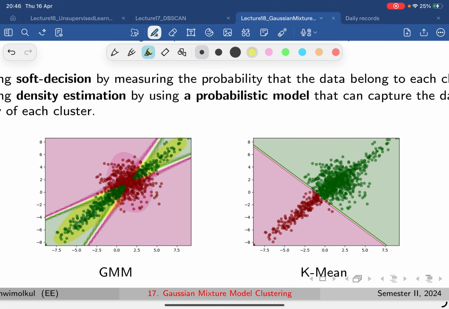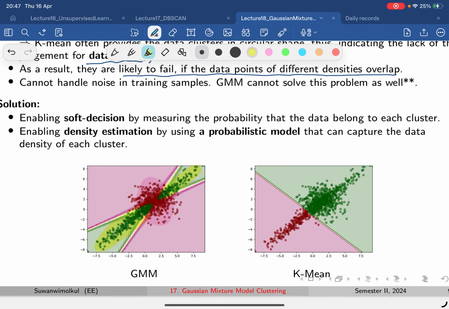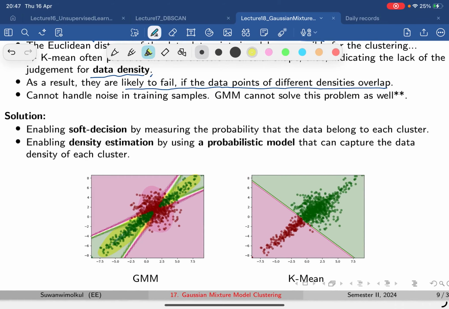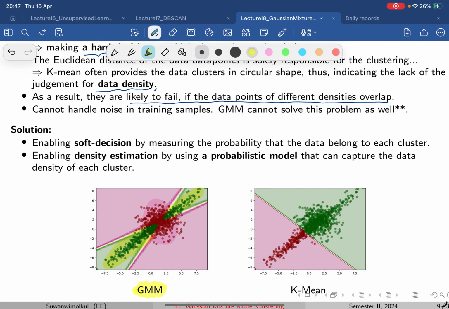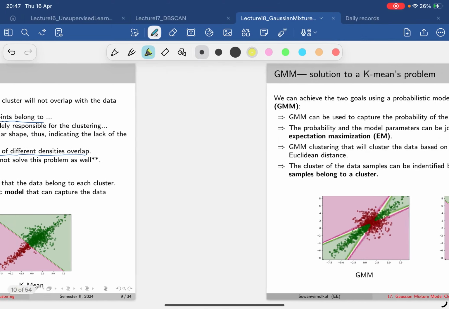K-means does the clustering based on the initialized centroid, and then clusters the data points based on how close they are to the centroid. Because they use only the centroid distance, K-means is unlikely to capture the density of data while clustering. So that is the difference, and that's how the Gaussian Mixture Model turns out to be better than K-means clustering.